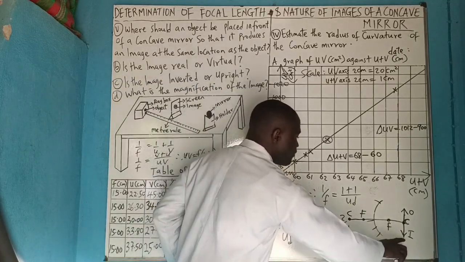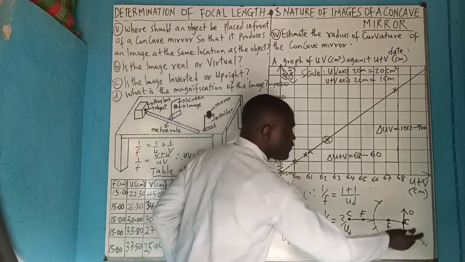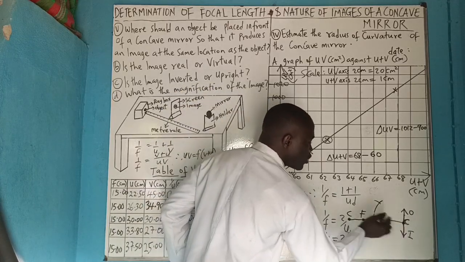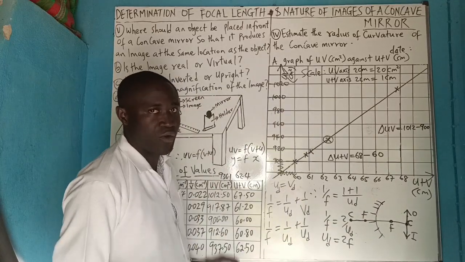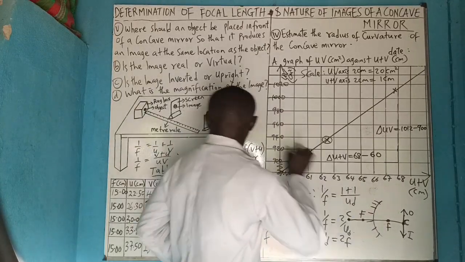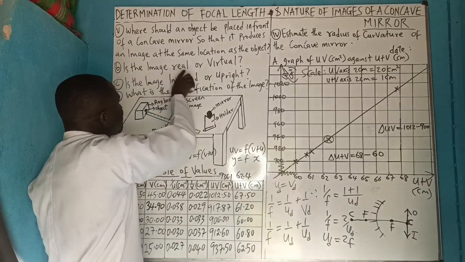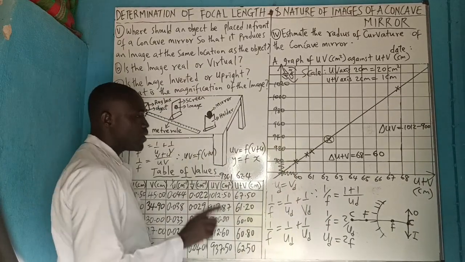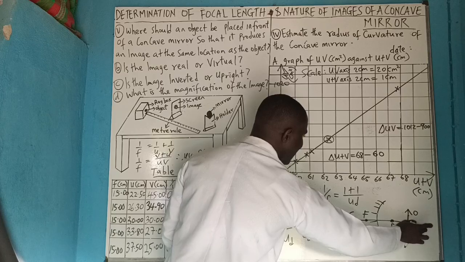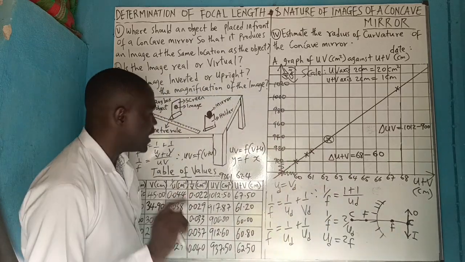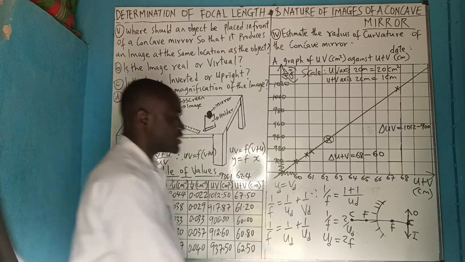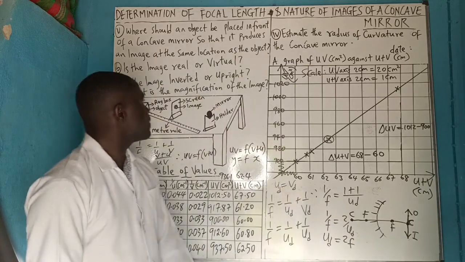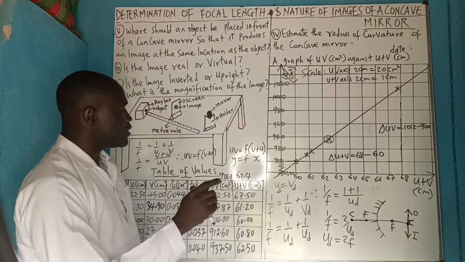So it will be inverted, and because it is still formed on the same side of the object, we call it real. Now for the magnification, so is the image real or virtual? It is real because it is formed on the same side as the object. Then is the image inverted or upright? It is inverted, as you can see. What is the magnification of the image?